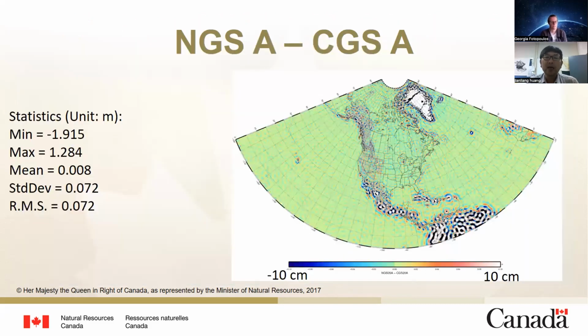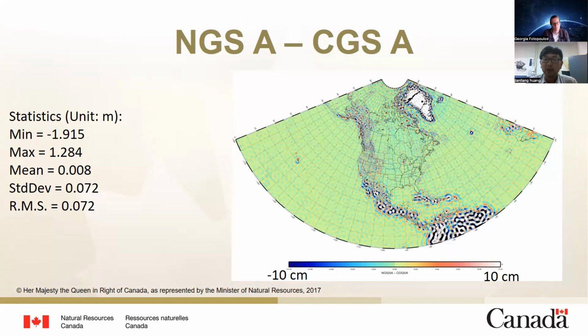Both agencies have developed two models called Model A and B. Model A doesn't include airborne data. Model B does. This map shows the comparison between the A models. We can see differences range from a few centimeters to a few decimeters.